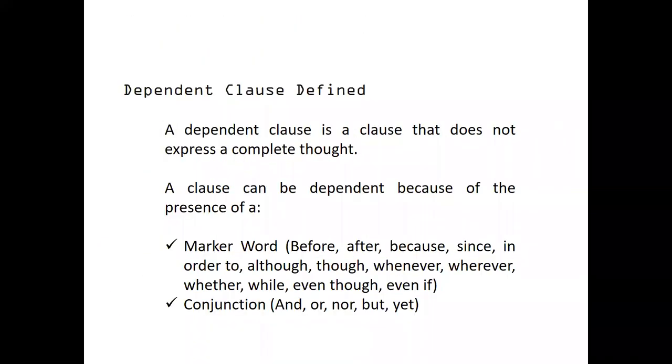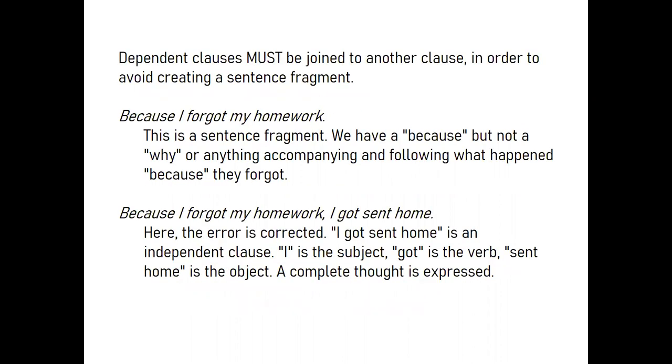Because why? Because it is a dependent clause. It doesn't have a complete thought, and wala siya nakadugtong na independent clause na maghatag og meaning sa tibuok sentence. So that is the reason why we have a sentence fragment.